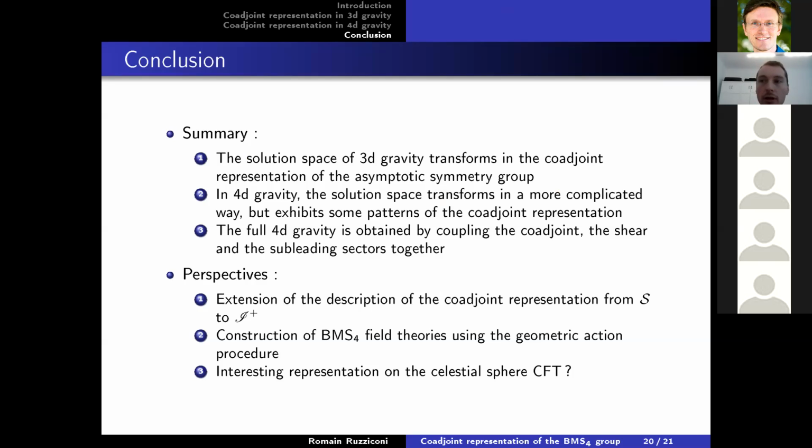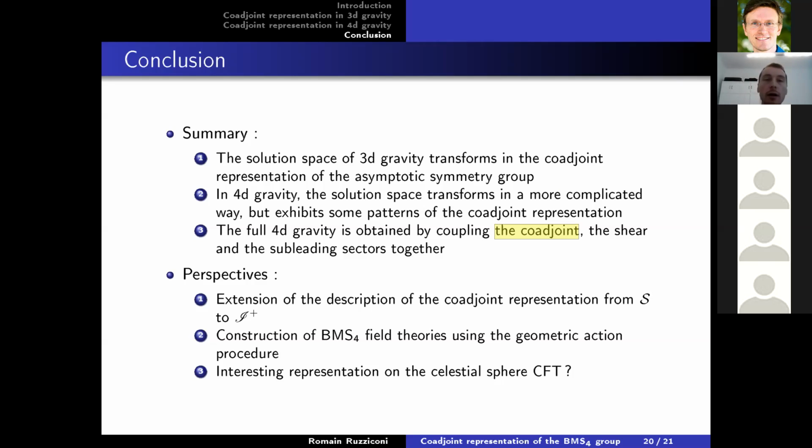But then what we have done is to construct explicitly the coadjoint representation for BMS4, and we have managed to identify the patterns of the coadjoint representation in the transformation of this solution space. In particular, to obtain the full 4-dimensional gravity, we need to couple this coadjoint sector, which is described by the coadjoint representation, with the asymptotic shear and also with this infinite tower of subleading terms. So this work offers some perspective for the future.